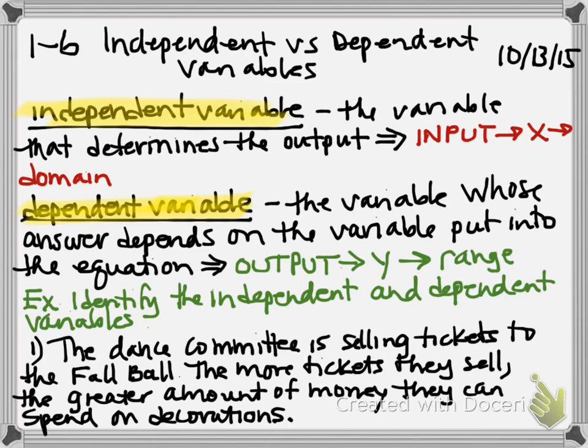This one depends upon the other one. Okay? Joey. Okay, so the money, near you. This is going to be your dependent variable. Because how much money you make depends upon how many tickets you sold. So that tells us tickets that are sold, that's your independent variable. Does that make sense? Okay, I heard one yes.